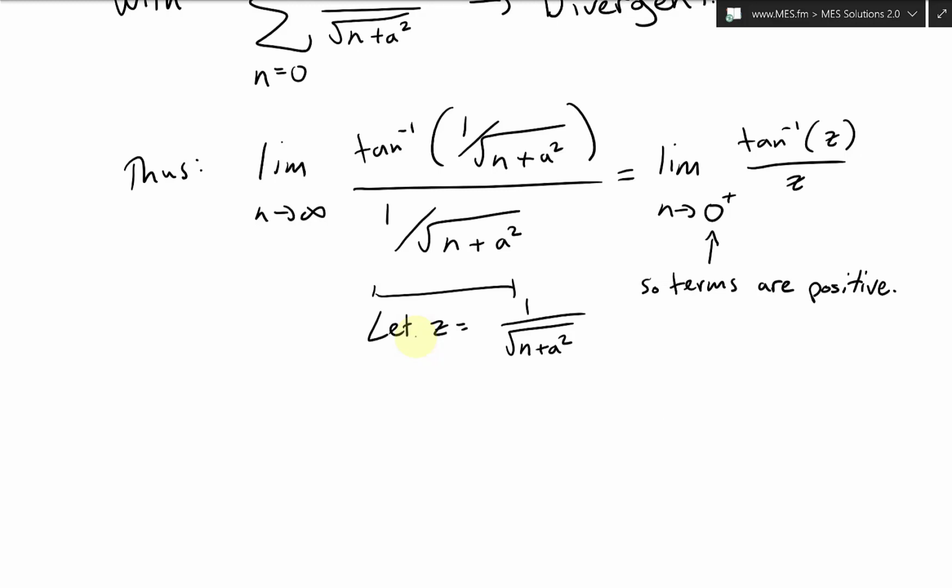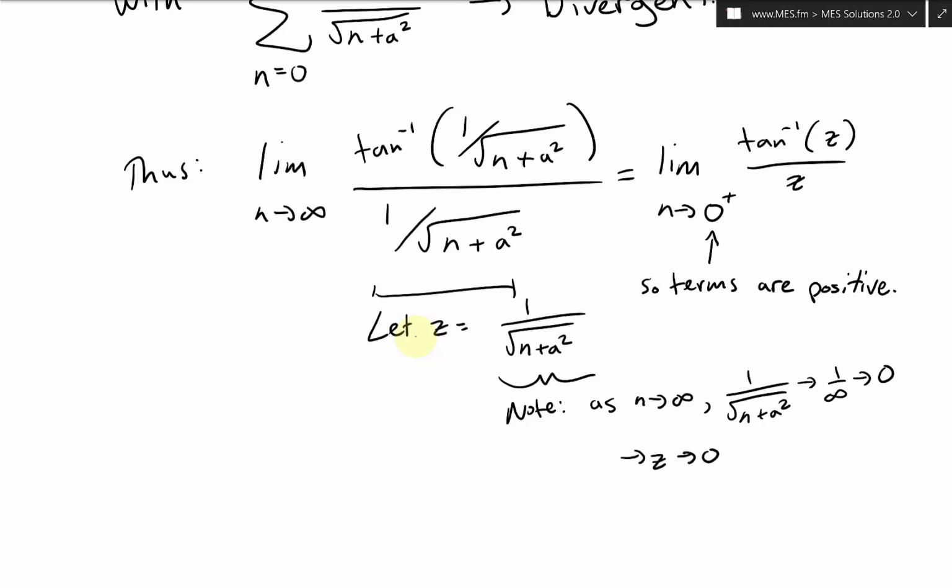Note, as n approaches infinity, 1 over square root of n plus a, you're dividing by infinity, so this approaches 1 over infinity, which approaches 0. In other words, z approaches 0, and it's from the right side, because all the terms are positive.